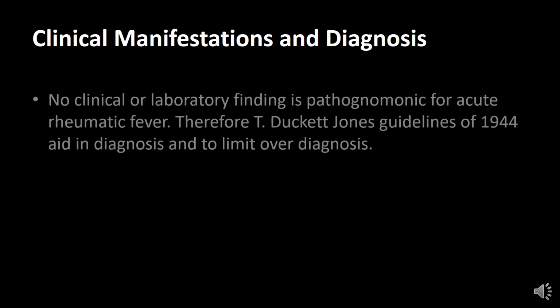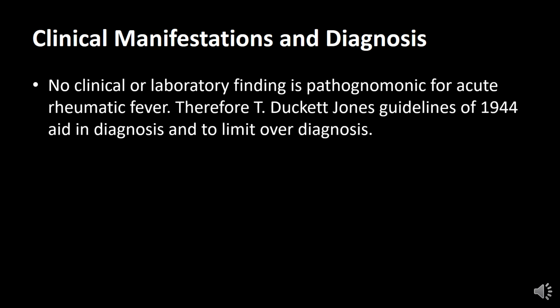Having looked at that, let us now look at how do these children present? What do we expect? And then how do we make a diagnosis? It's important to remember that no clinical or lab finding is pathognomonic for acute rheumatic fever. We don't have any pathognomonic signs.